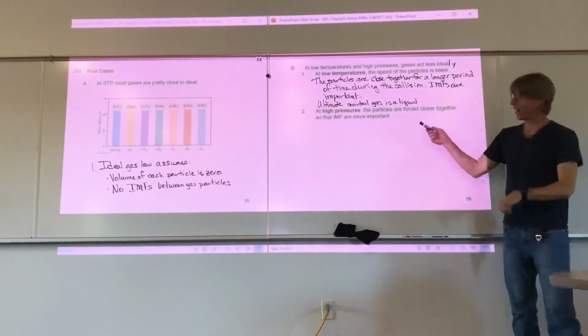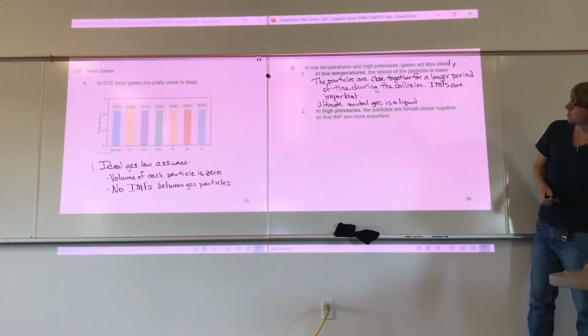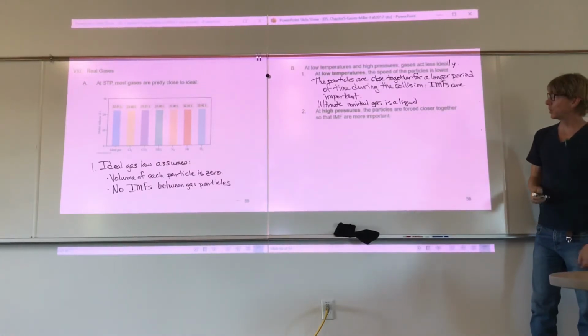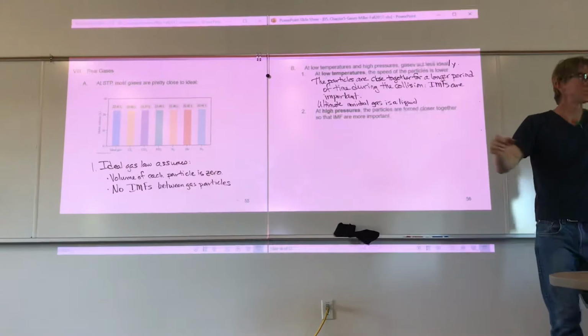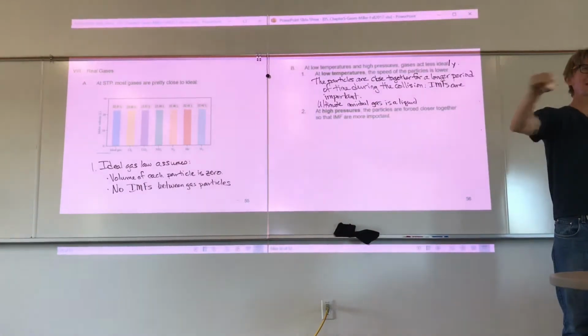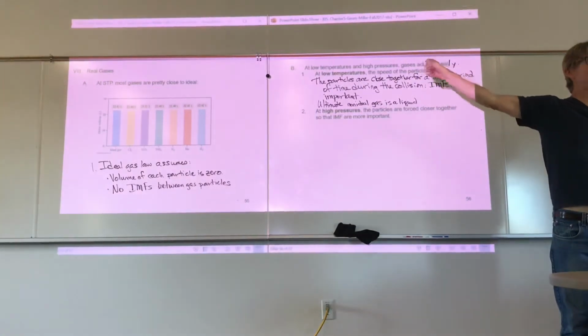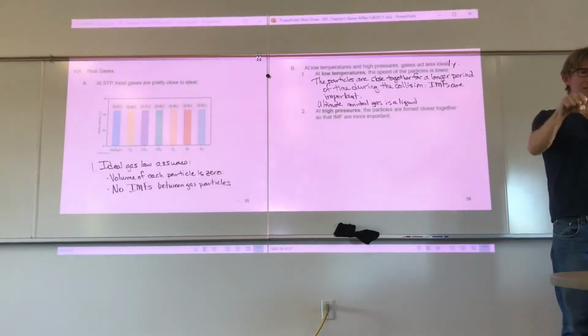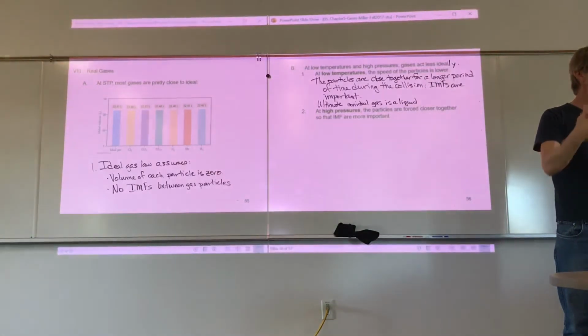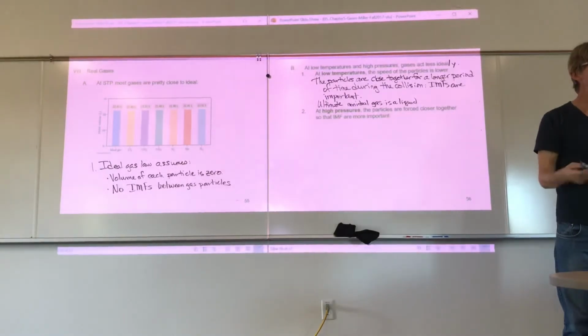All right, so at high pressures, the particles are forced closer together so that IMF are more important. Again, instead of being far apart when they have a collision, now they're close together, and there are more frequent collisions, and the intermolecular forces are more important.